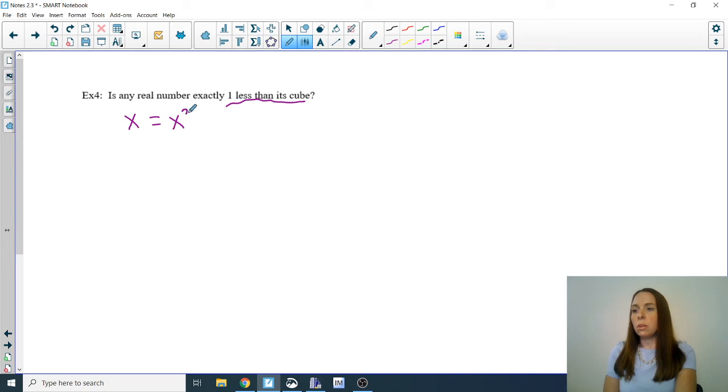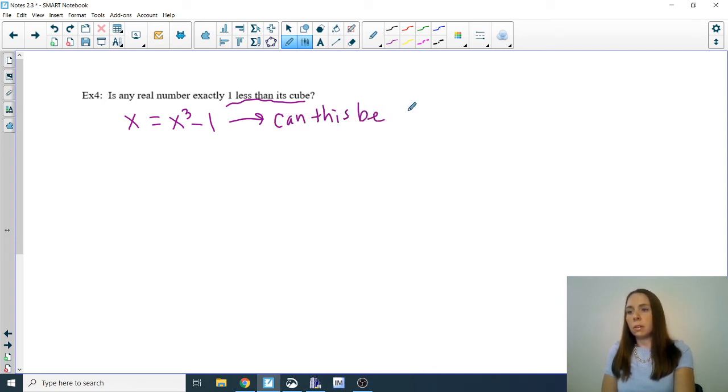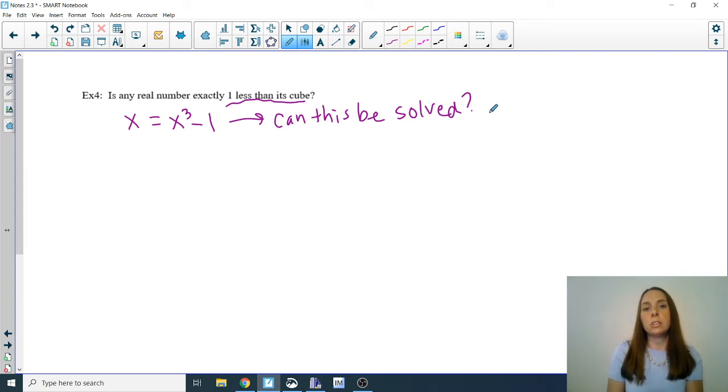Its cube minus 1 is an expression that could be used for 1 less than its cube. And so what we have here now is an equation that we're asking ourselves, can this be solved? So we took the initial question and we reworded it into another question that is asking the same thing. Can x equals x cubed minus 1 be solved?